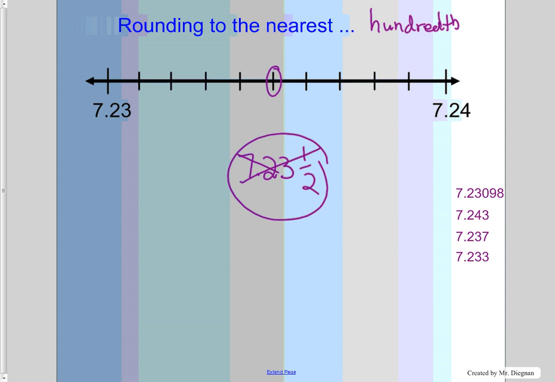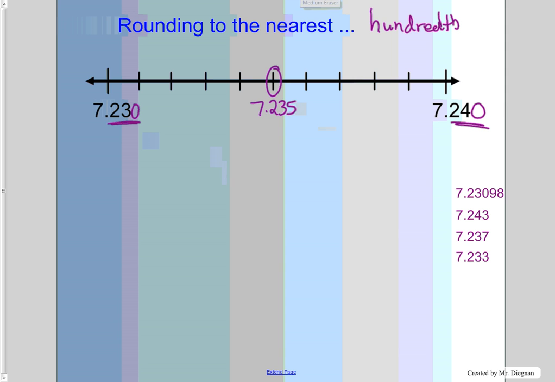So what do I do? Let me add on a little zero here. That zero helps me realize I really have 230 thousandths and 240 thousandths. So it's going to be 7 and 235 thousandths. That's what gets me in between here. Okay, so now I know where the middle point is.